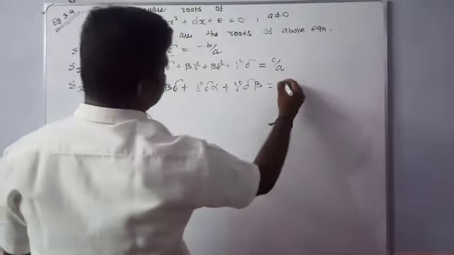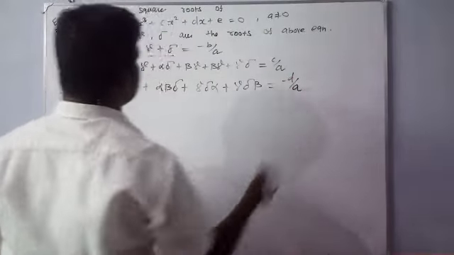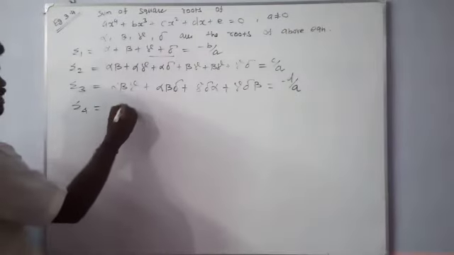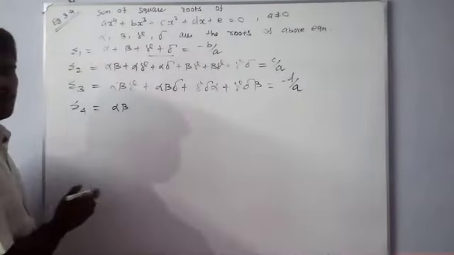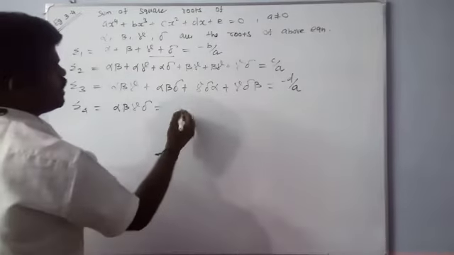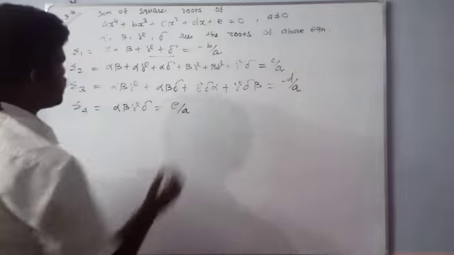Minus d by a, and summation 4. Summation 4 means what? The product of all the four roots, alpha, beta, gamma, delta is equal to E by A.